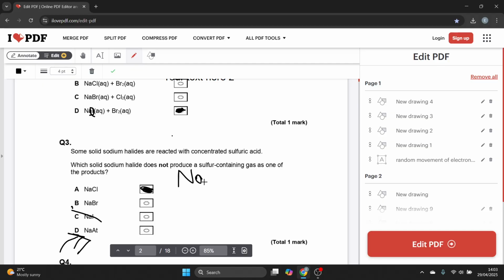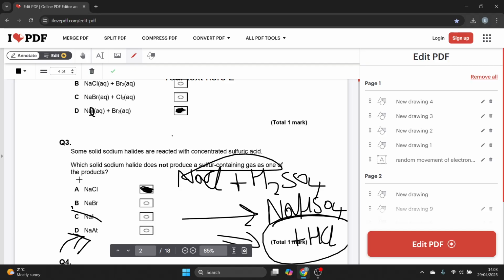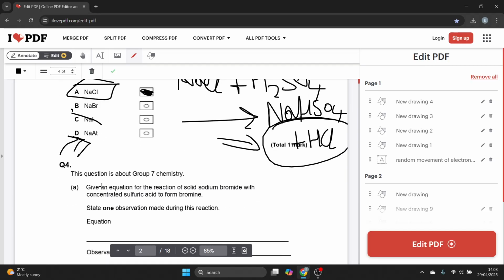It's NaCl plus H2SO4 to form NaHSO4 plus HCl. HCl is a toxic gas, but it's not a sulfur-containing gas. So the answer is A.